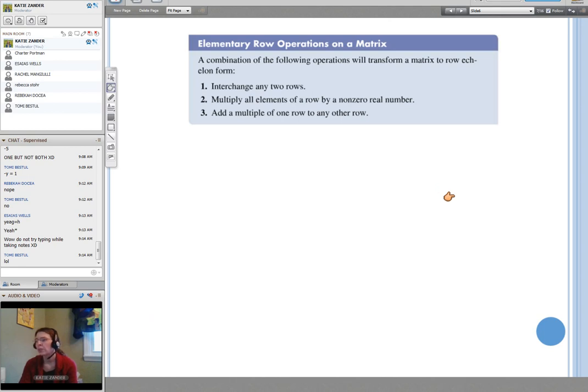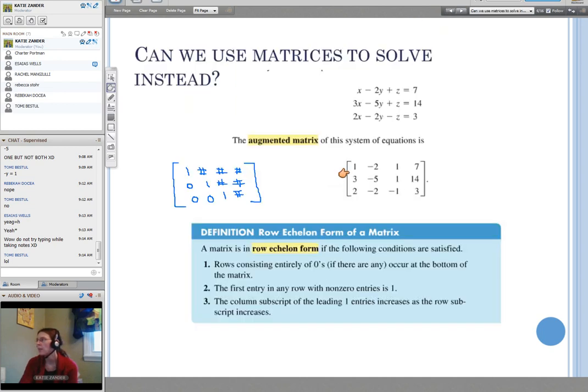Okay, now to put a matrix into row echelon form, you have to perform operations so that the main diagonal consists of ones, and if you are in rows 2 and 3, you have zeros before the ones. You can interchange any two rows in your matrix, that's all right. So if you see in the augmented matrix that maybe row 1 didn't start with a 1, but row 3 did, you can switch the equations around, right?